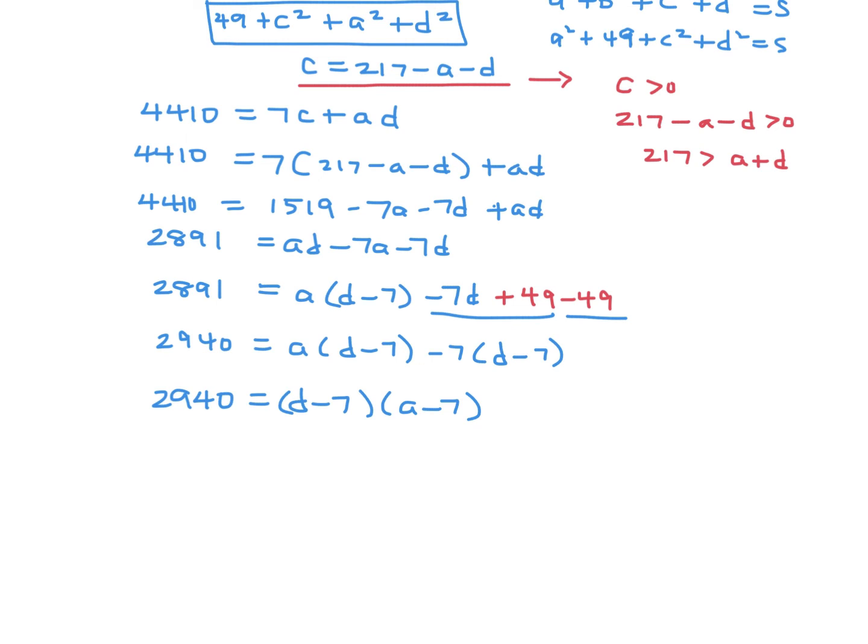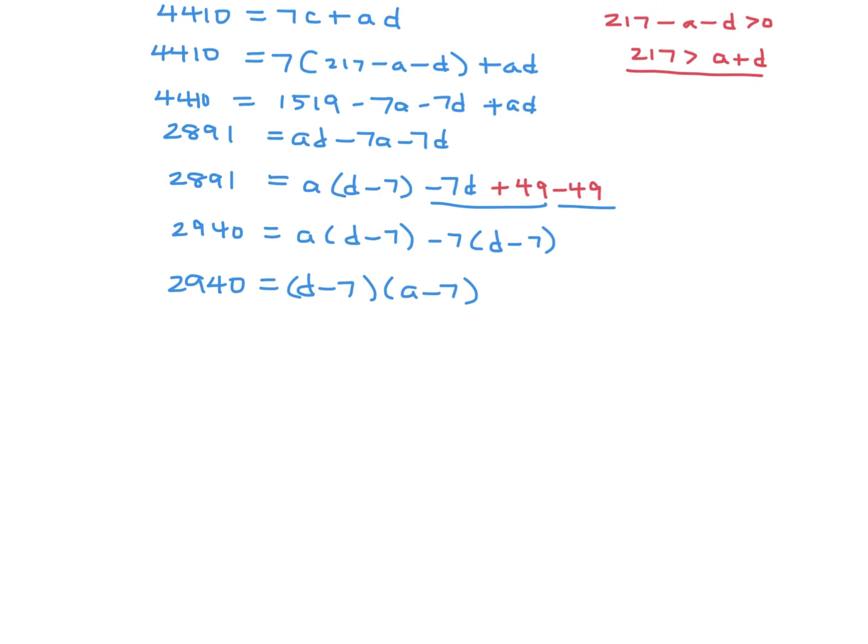So that helps us shorten this list down, because you're gonna make a table to do this. We're gonna have a minus 7, and then you're gonna have d minus 7, and then we can figure out a and d pretty easily.